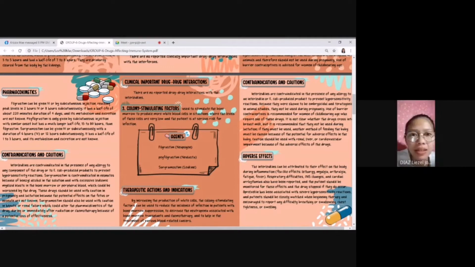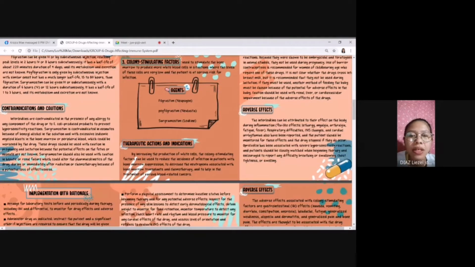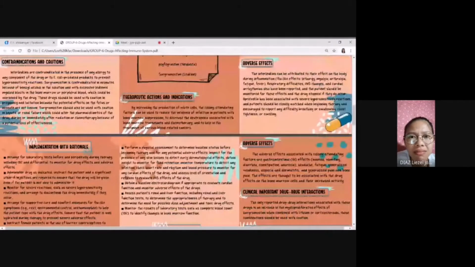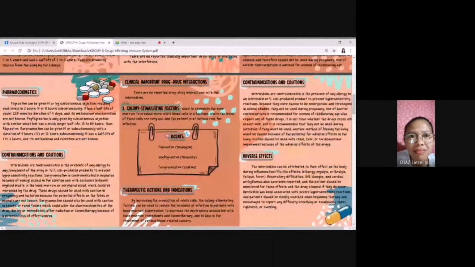Next is the pharmacokinetics. Filgrastim can be given IV or by subcutaneous injection, reaching peak levels in 2 hours IV or 8 hours subcutaneously. It has a half-life of about 220 minutes, a duration of 4 days, and its metabolism and excretion are not known.